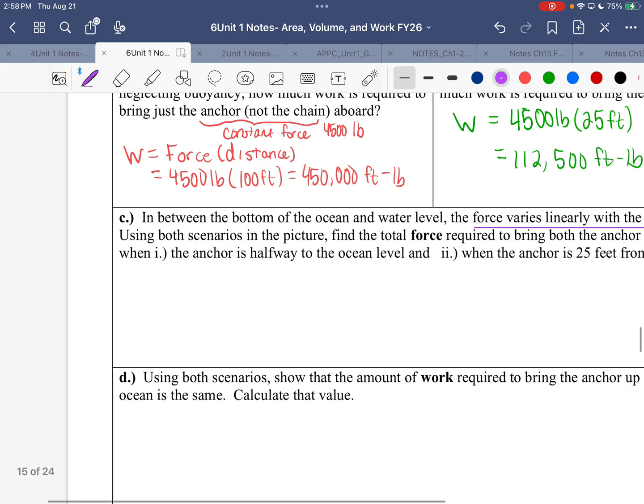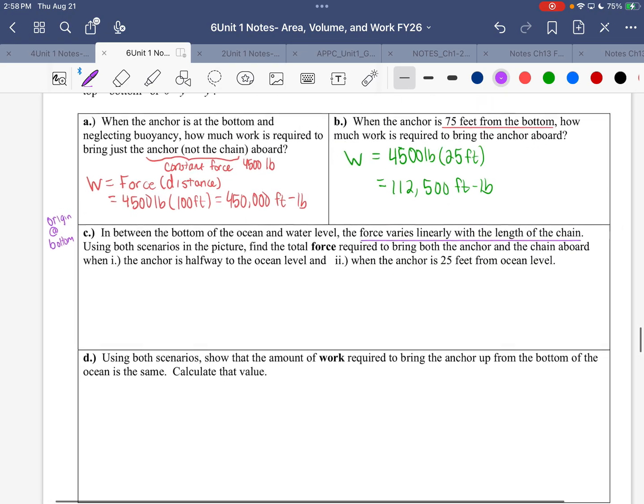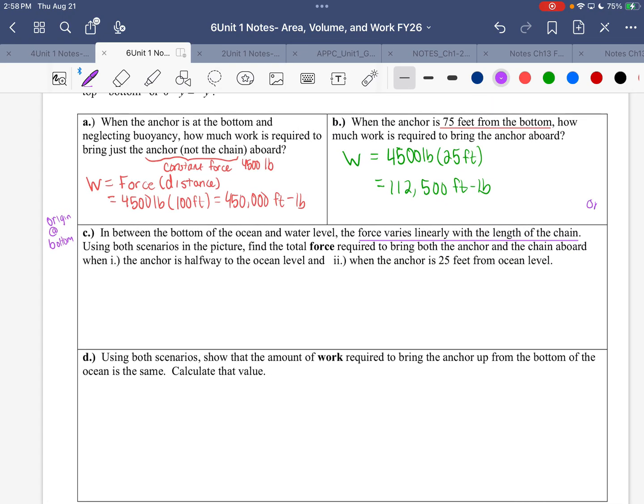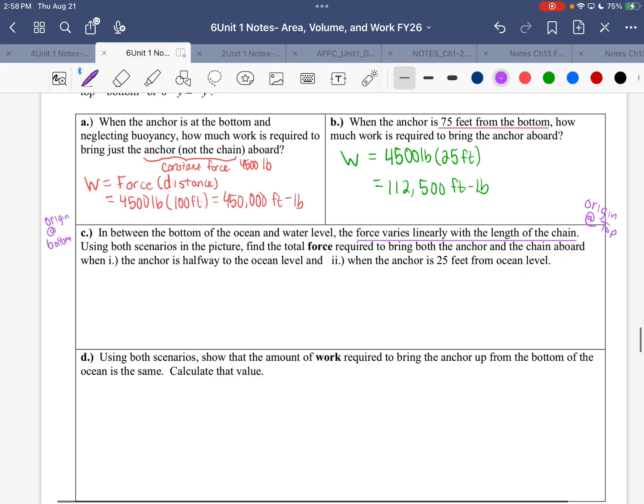So over here, we're going to have the origin at the bottom. And over here, we're going to have the origin at the top. Regardless of which way you think of it, if you have multiple forces acting in a system, we have to do the sum of the forces.